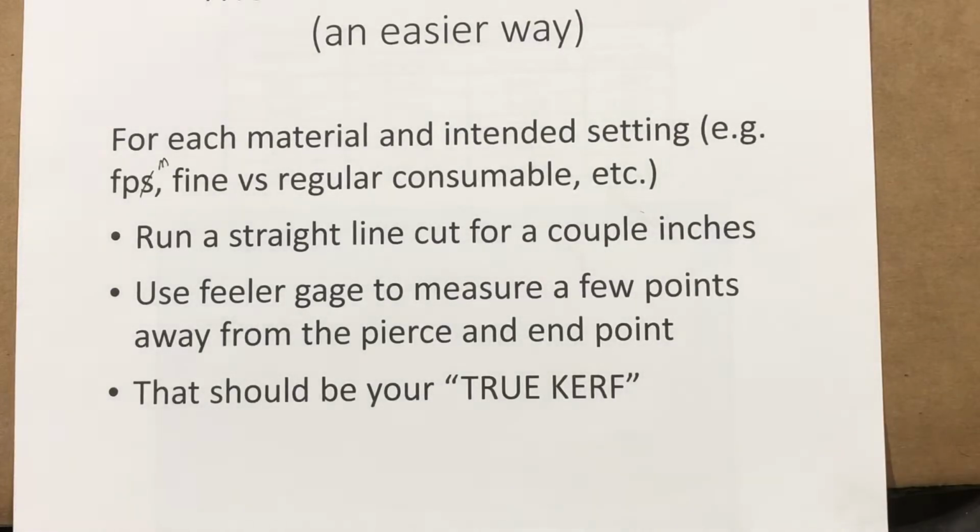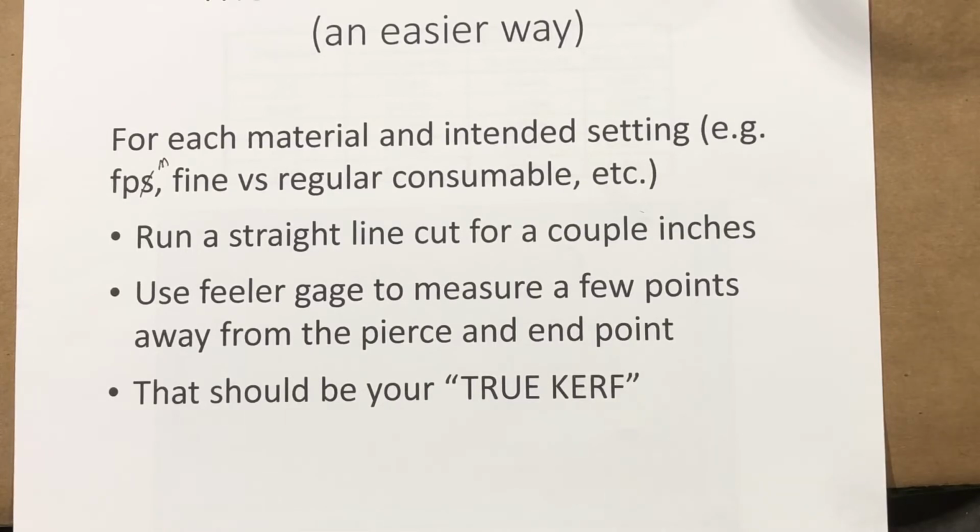Now, while I was trying to figure out how to get to kerf, I thought there was an easier way. If we took, for each material and its intended setting, the feet per minute, whether it's a fine or regular consumable, etc., and we did a straight line cut using our Langmuir capability, and you cut for about 3 inches, and then you simply use a feeler gauge down through that cut line.